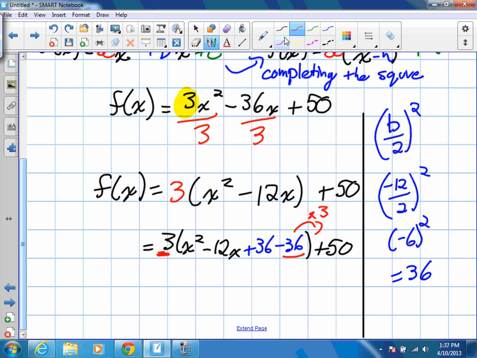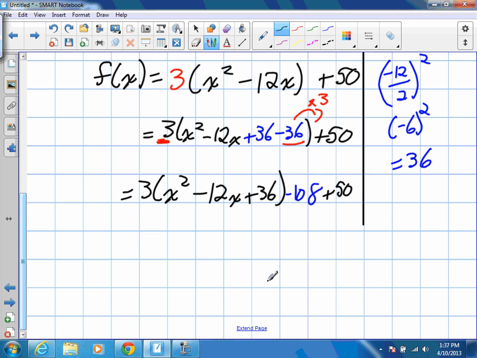So our next line will read 3 times x squared minus 12x plus 36, and on the outside, negative 36 times 3 is going to give us negative 108 plus 50. Okay? From there, we've created our trinomial.